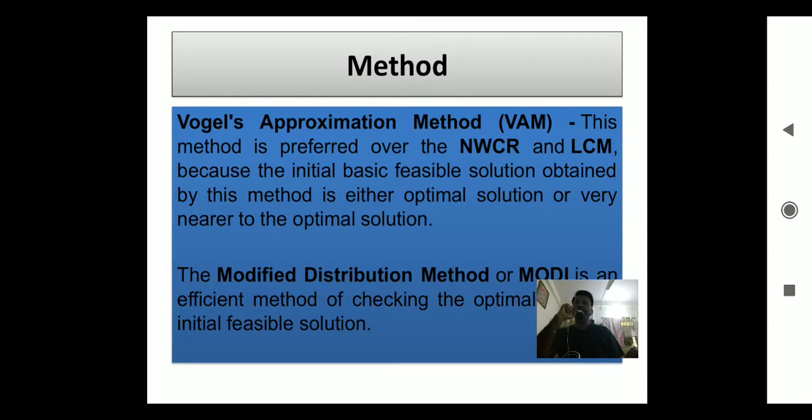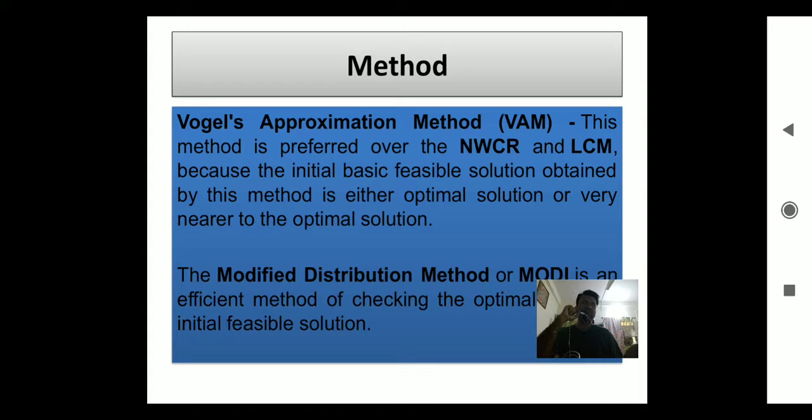Another method is the modified distribution method, or MODI method. It is an efficient method of checking the optimality of the initial feasible solution. I already discussed the formula, that is m plus n minus 1. If the result equals the number of allocations, then that optimality test is successful.